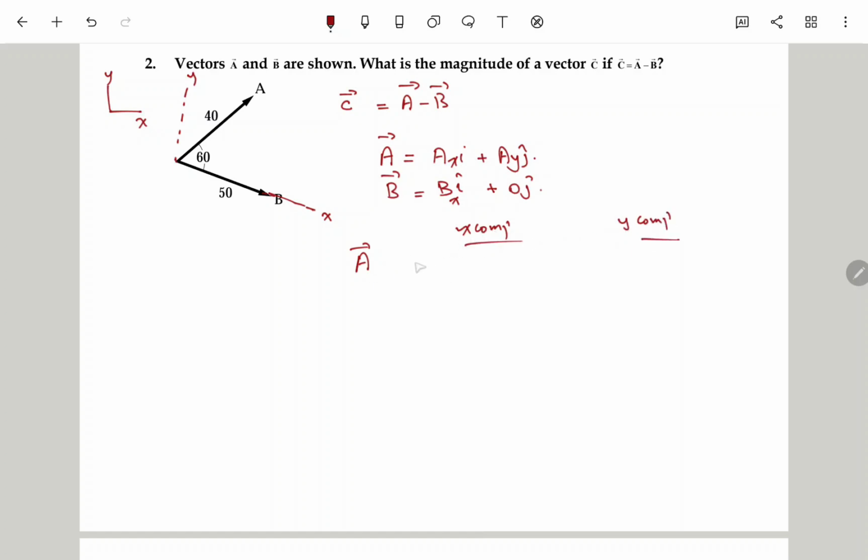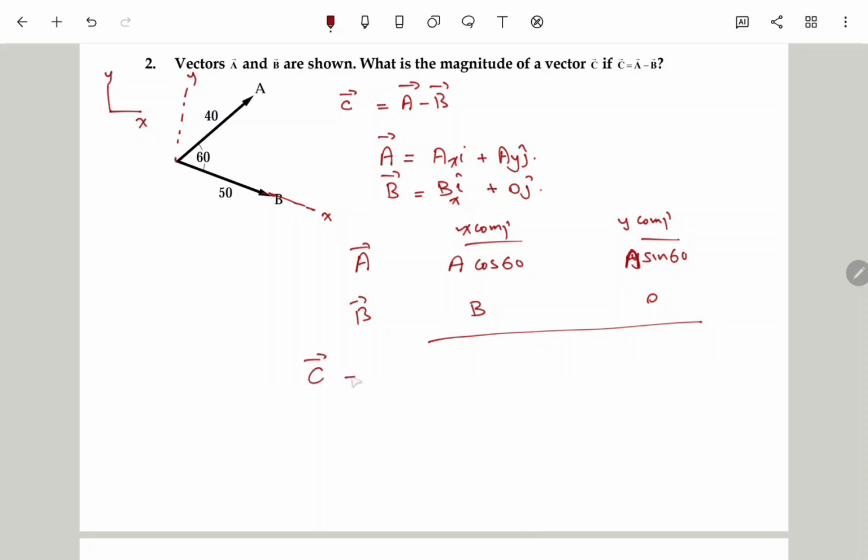The X component for vector A is A cosine 60, and the Y component for A is A sine 60, and the X component for vector B is just B, and the Y component is 0. You do the math for this one. Now A equals 40, and this is A sine 60. You do the math for this one too.